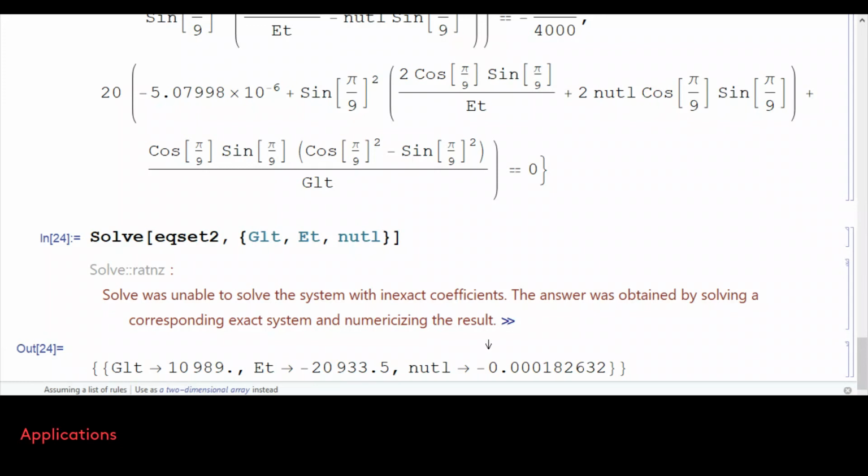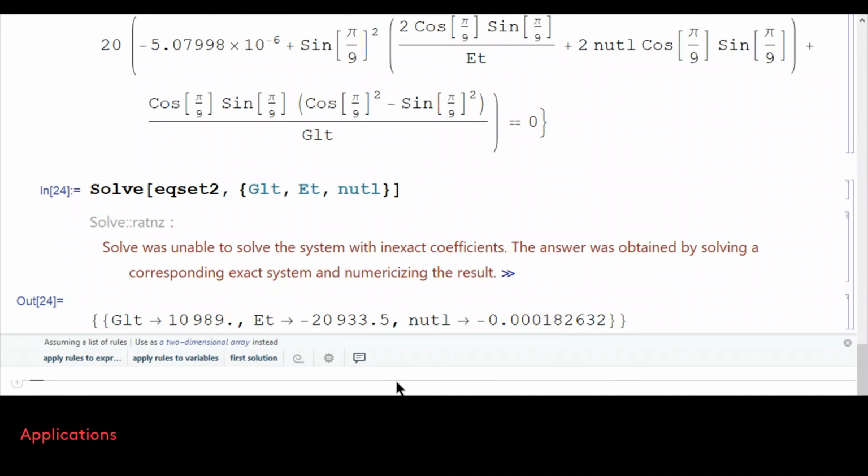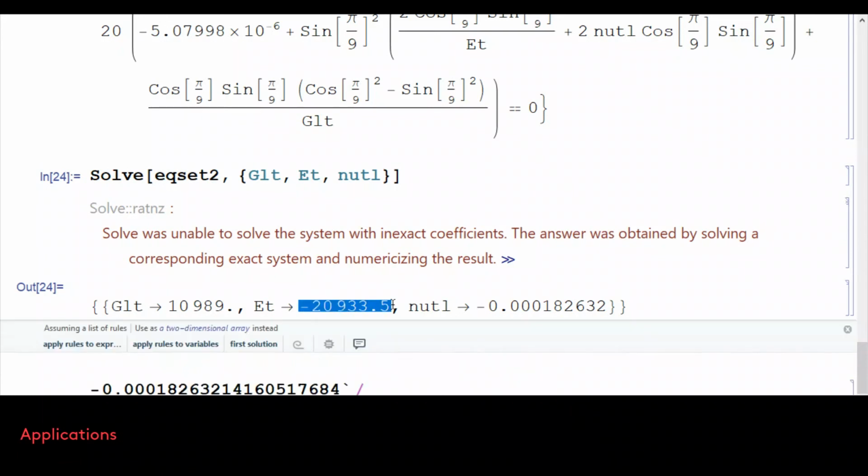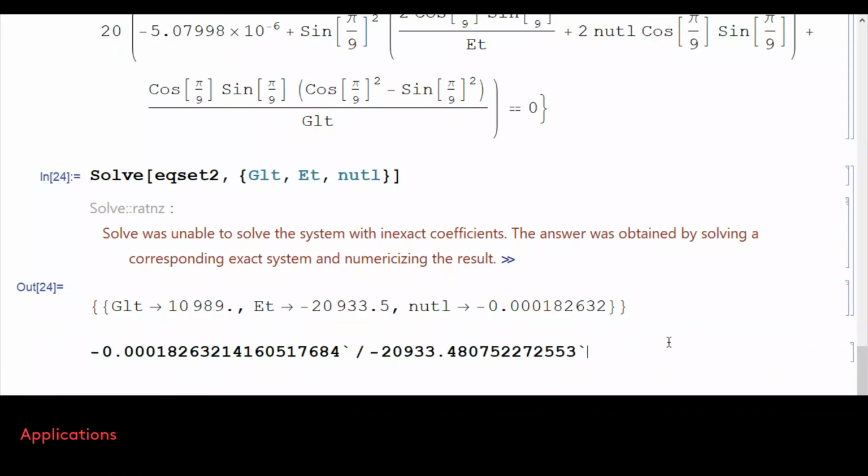There seems to be a problem, but in fact there is one way of checking the correctness of the result. We will divide this value, I will copy it here, by this one, and it has to be equal to nu TL divided by EL.